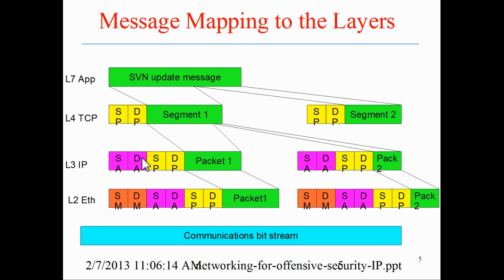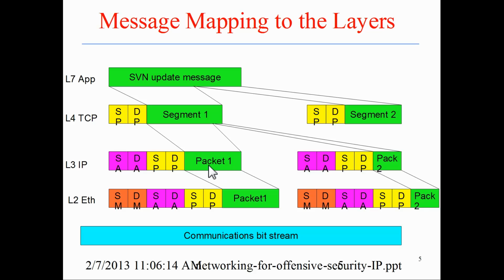It's going to append a destination IP address and a source IP address, and the previous layer's segment may also get broken down depending on the maximum transmission unit of whatever medium it's communicating over, and any other limiting factors. Maximum transmission unit, however, is more of a layer 2 restriction.